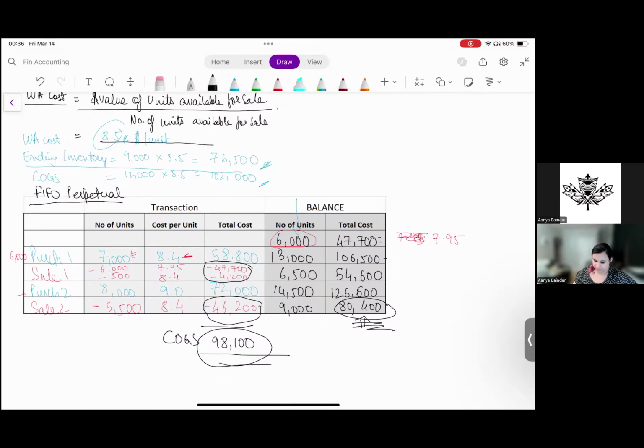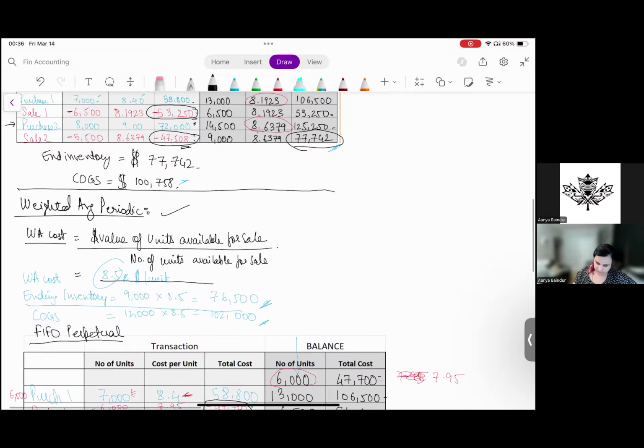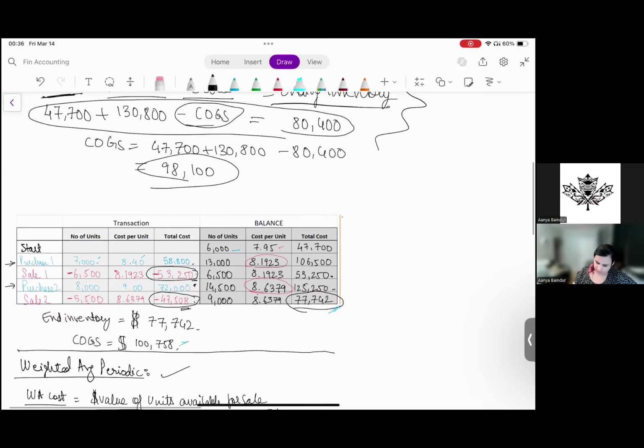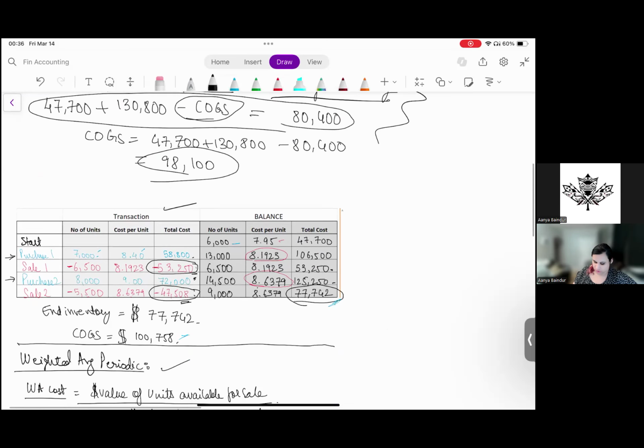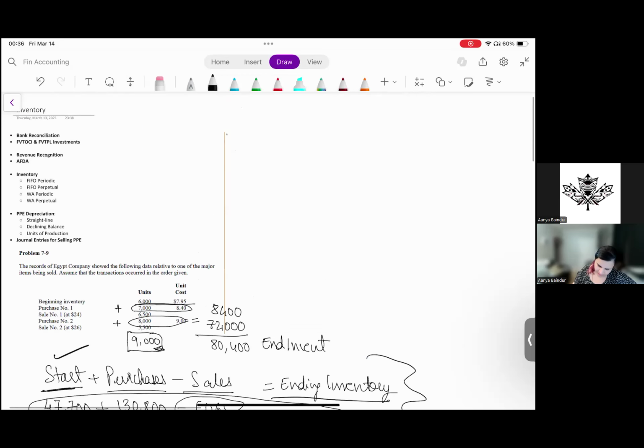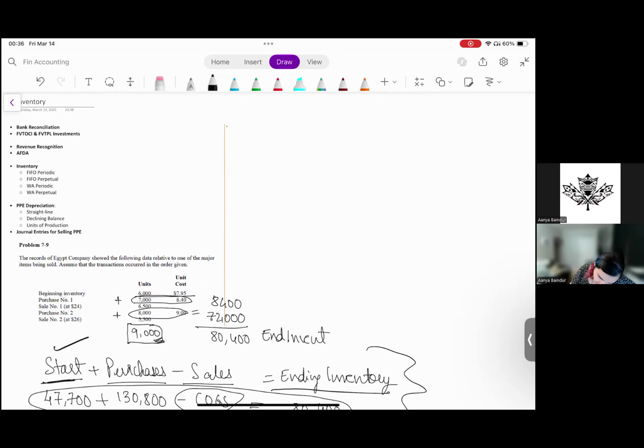Most often, exam questions will ask you for weighted average periodic, weighted average perpetual, and FIFO periodic. FIFO perpetual is not asked as often, so you should know how to do these other three methods. These three methods are going to be the most important for you.